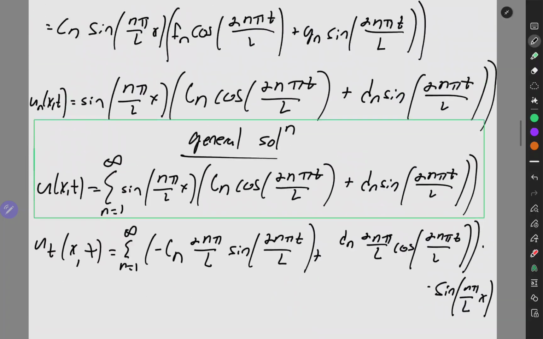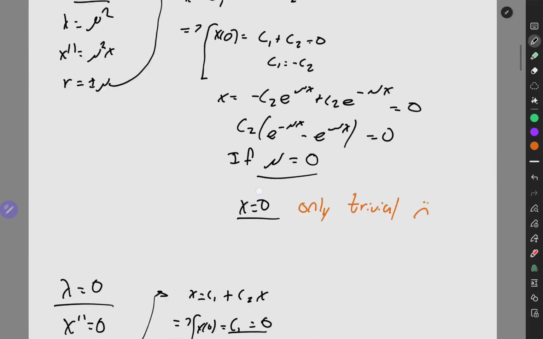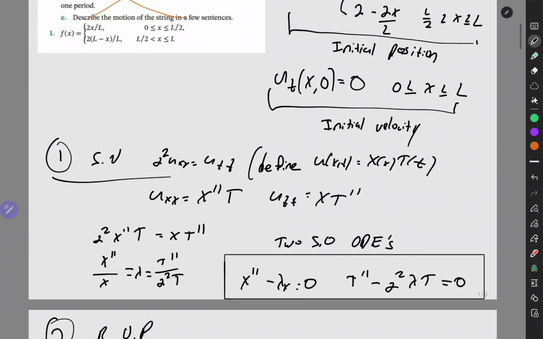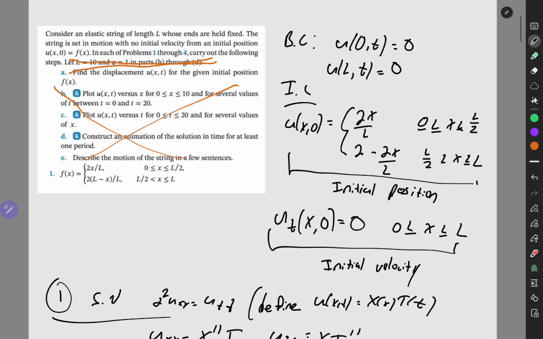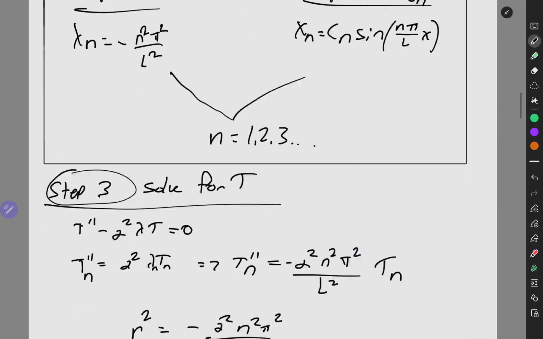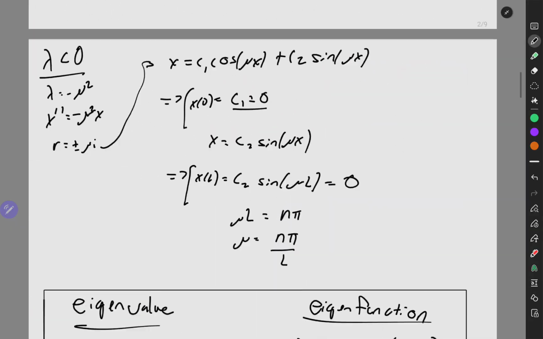Okay. C sub n. So we started off. Where is it? We have 2x over L from 0 to L over 2. Actually, here's what I can do.